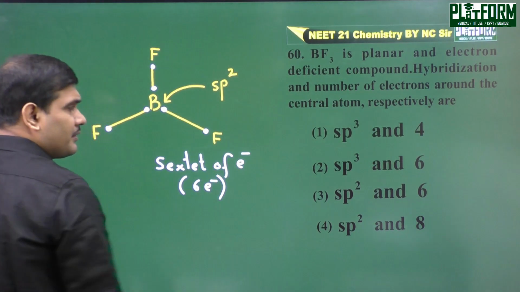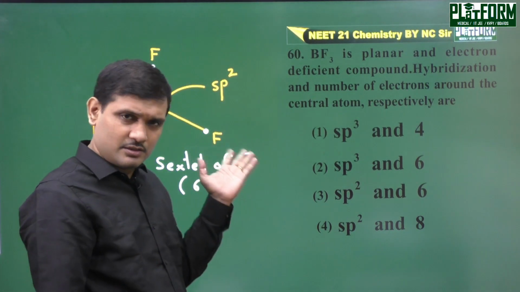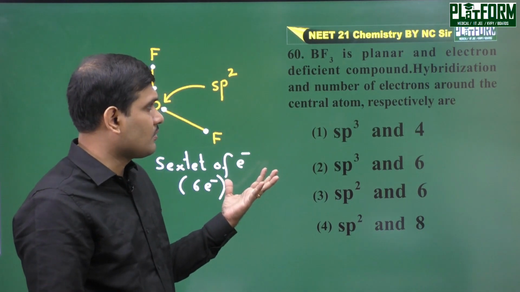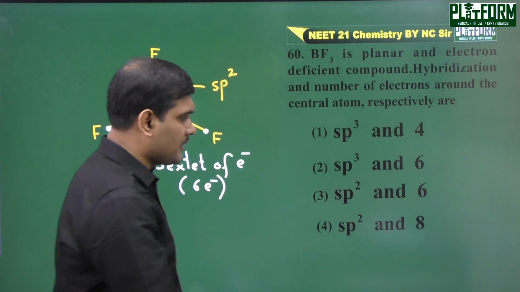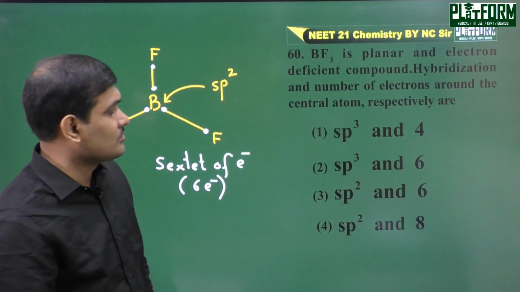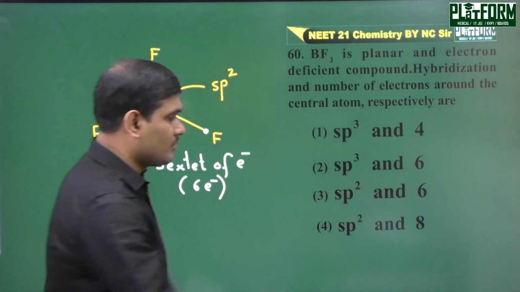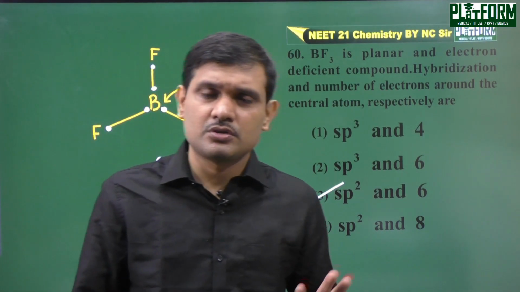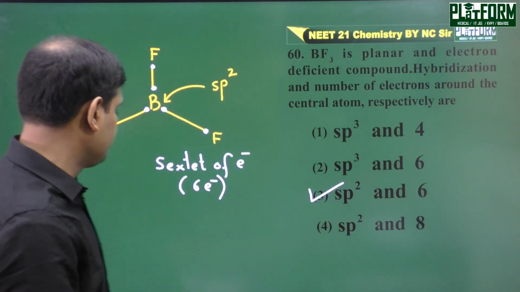Very simple question. BF3 is planar, yes, it is planar. It is an electron deficient compound. The hybridization will be sp2, and the electrons around the central boron atom will be 6. No doubt it will be option 3, the correct option.